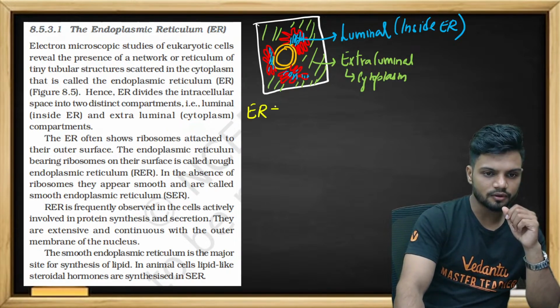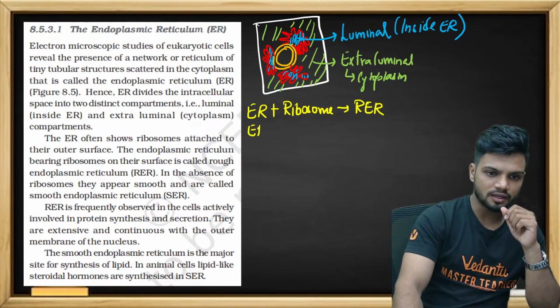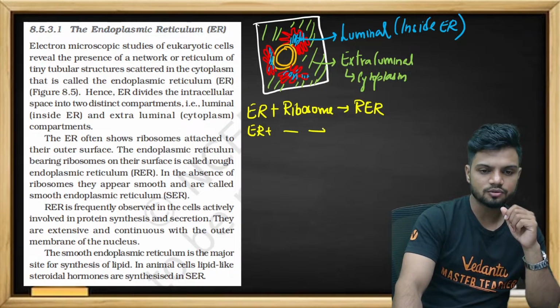Apart from that, there are two types of ER. If an endoplasmic reticulum has ribosomes, we call that rough ER, RER, because of the ribosomes. If it is an ER with no ribosomes, it is called smooth endoplasmic reticulum.